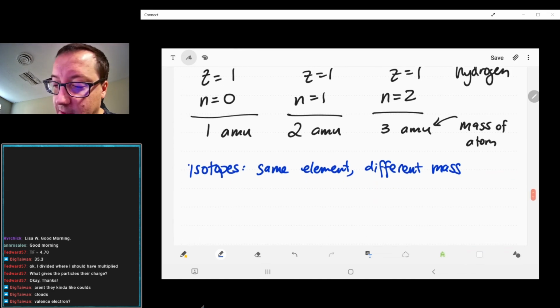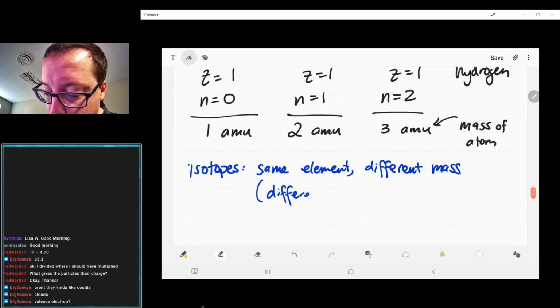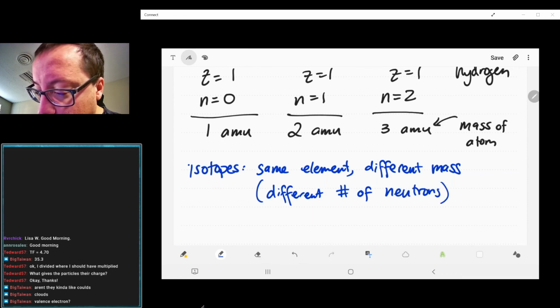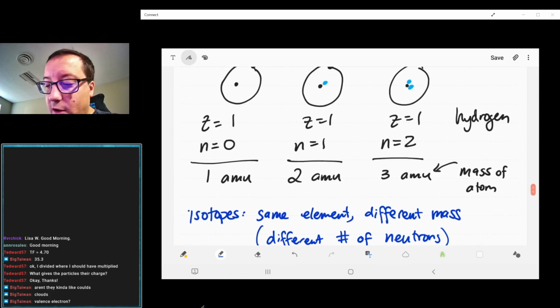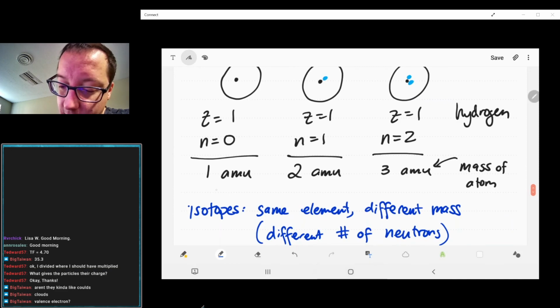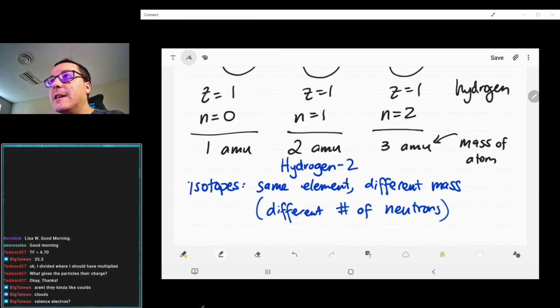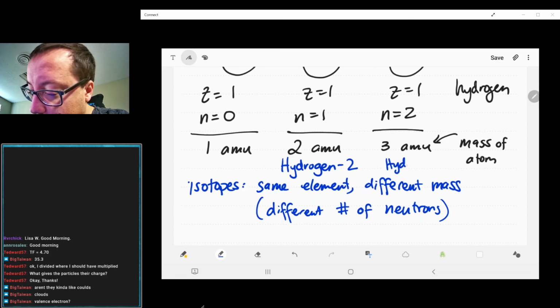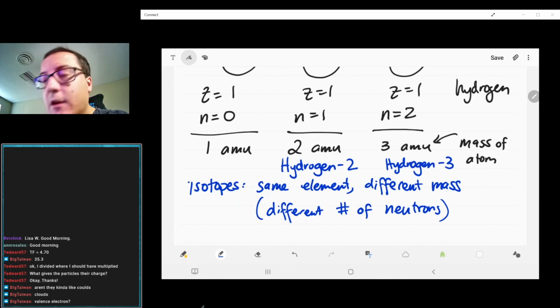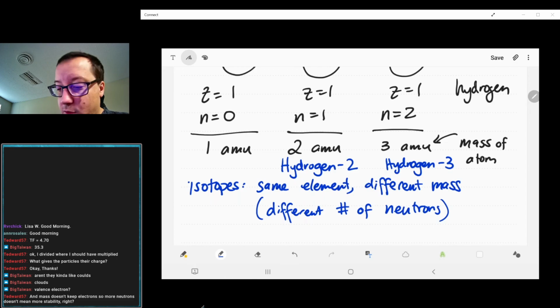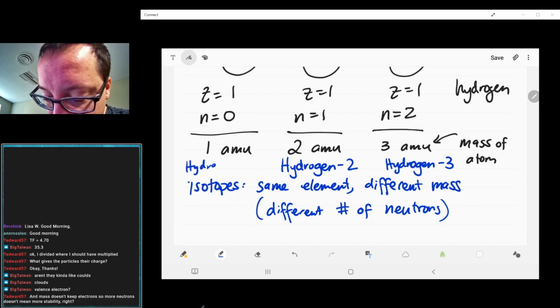And so that just means that we have a different number of neutrons within our particular atom. So we talk about this by saying, for example, hydrogen 2 to indicate its mass number. We're going to see what mass number is. We would call this one an atom of hydrogen 3. And of course, that first one would be hydrogen 1.